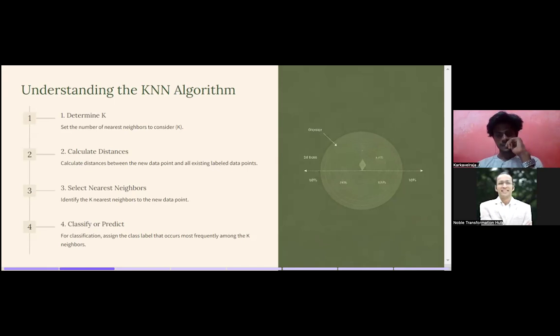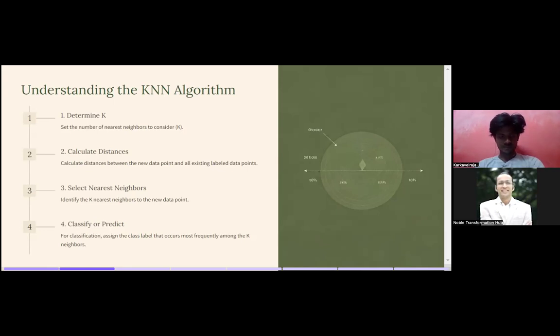I think this is now clear. Now, second, calculate the distance between the new data point and all existing labeled data points.